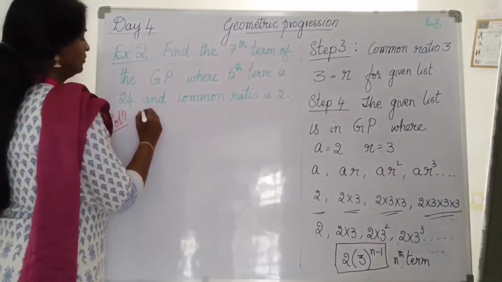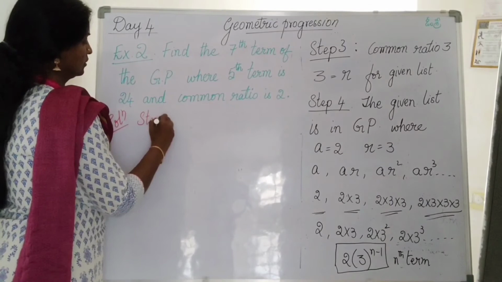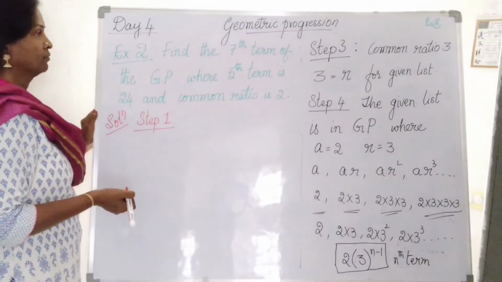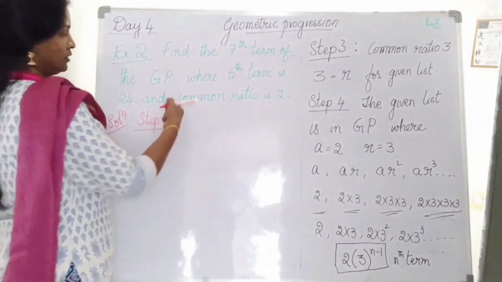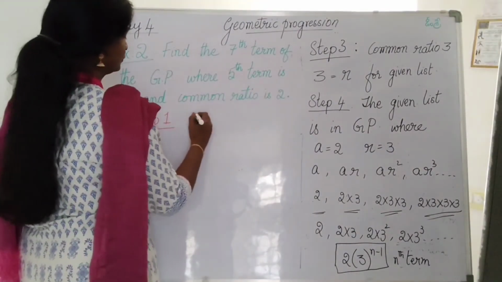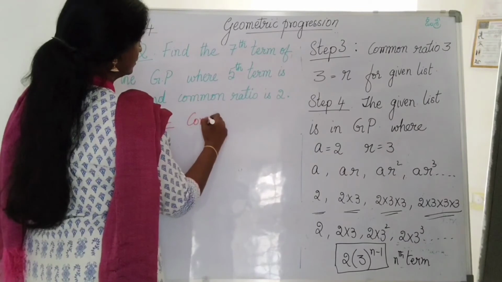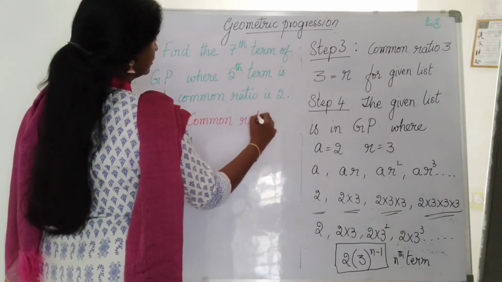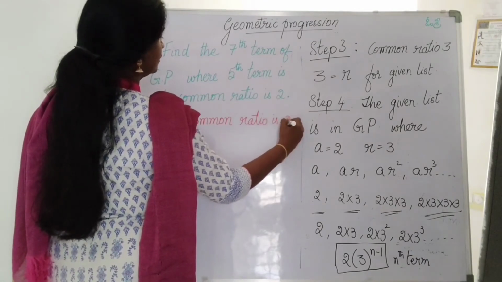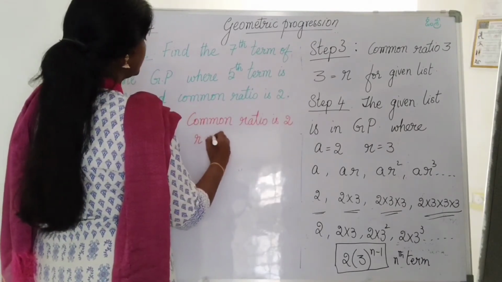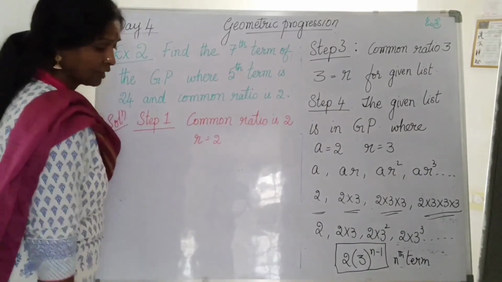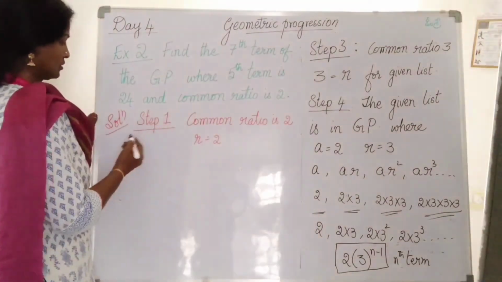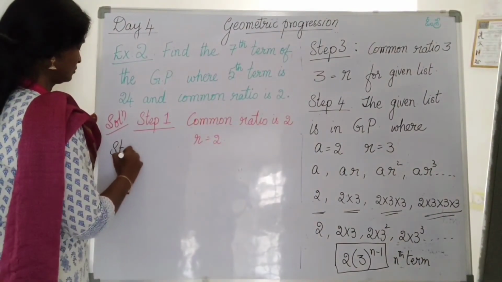So the first step will be to identify what data is given here. Yes, the common ratio is 2, that is r is 2. And what is the second step that you can write here? It is step 2.